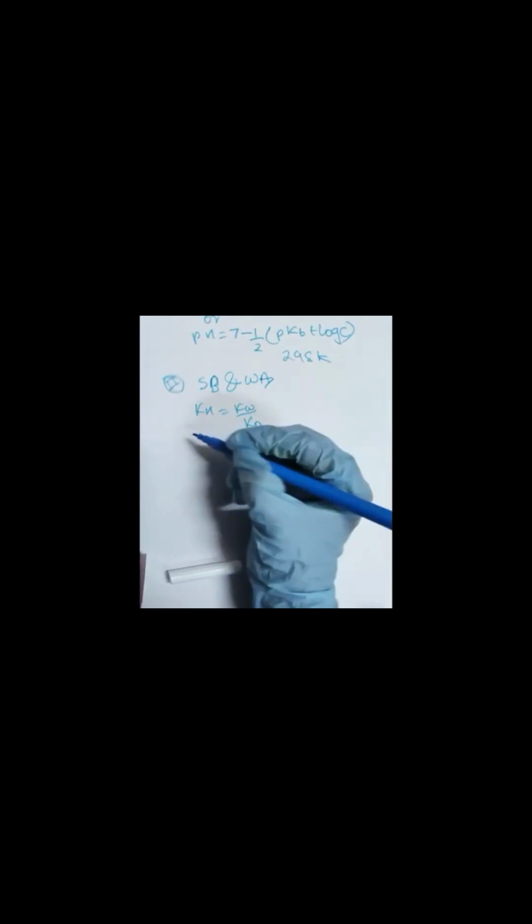Okay, next, h equals to root Kh by C, which is Kw by Ka into C. Okay, next, pH equals to half log Kw plus log Ka minus log C, or pH equals to 7 plus half pKa plus log C. Remember one additional formula, it's an anionic hydrolysis, and this one is cationic hydrolysis, right?